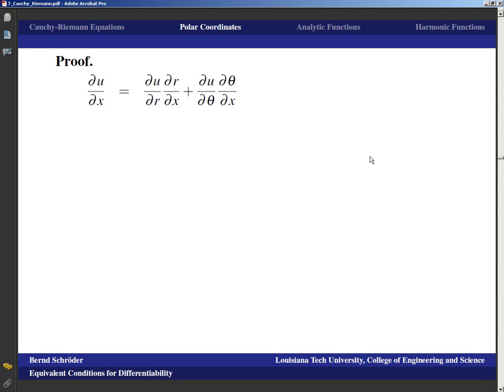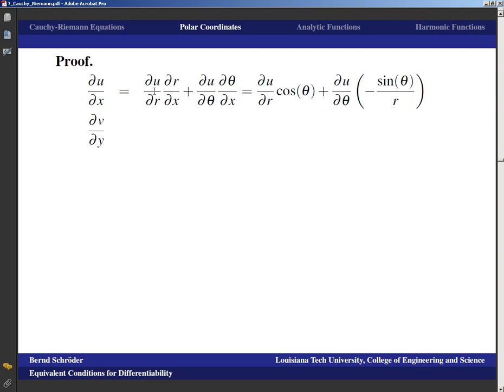Look up the chain rule if necessary in your multivariable calculus text, and we just apply it here. Okay, and now we know, because dr dx is cosine theta and d theta dx is negative sine theta over r, we get this expression. And the advantage of this expression is that this is an expression that is purely in terms of the polar variables.